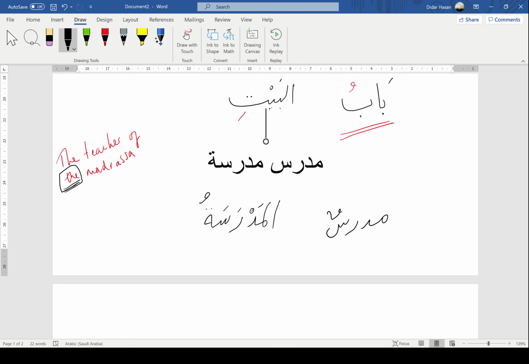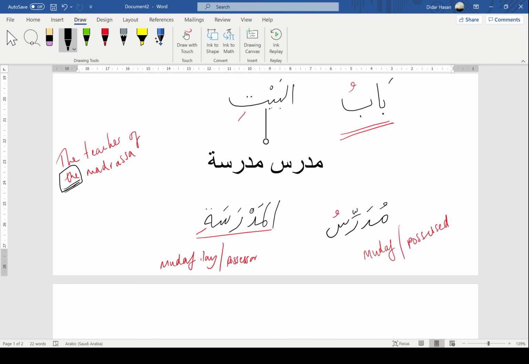The mudaf, the possessed, will be given one dhamma, and the possessor, which is the mudaf ilayh, is given a kasra over here. In this case, one kasra because of the alif lam. So mudarrisul madrasati.